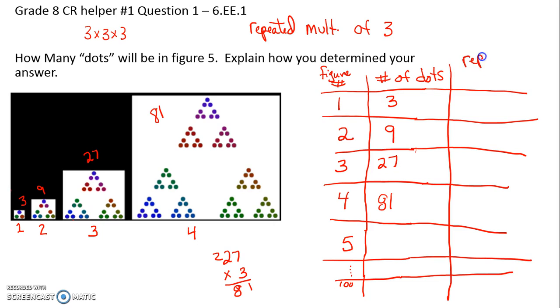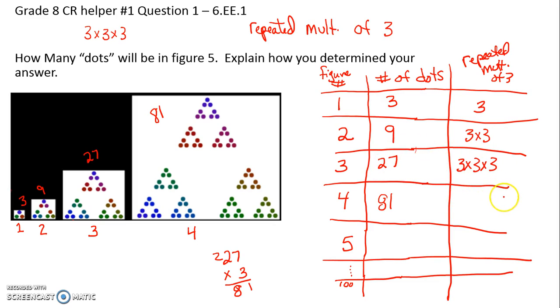So I'm going to write these as repeated multiplications of 3. Well, that's just 3. How do I get to 9? Oh, 3 times 3 is 9. How do I get to 27 with repeated multiplications of 3? Oh, 3 times 3 is 9 times 3 is 27.